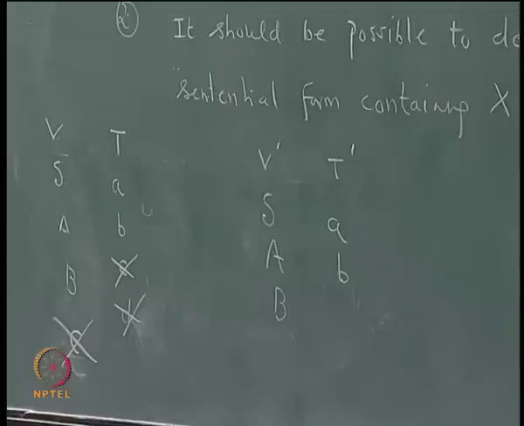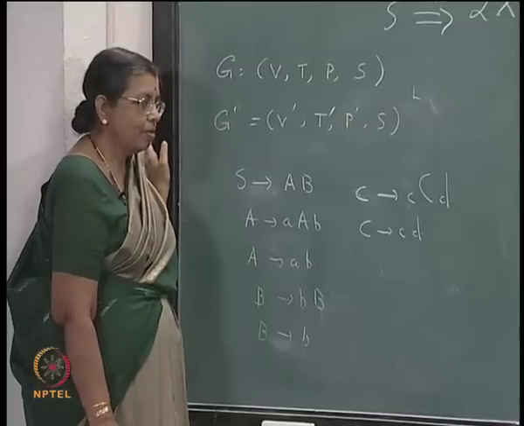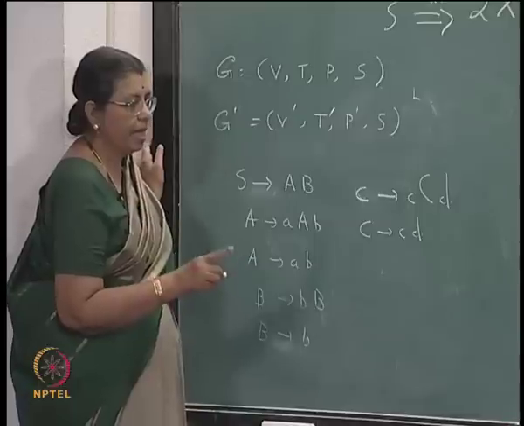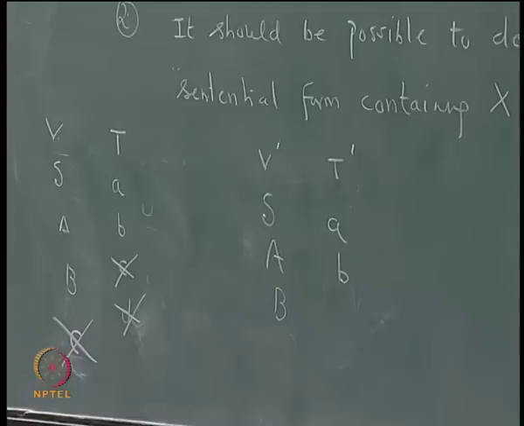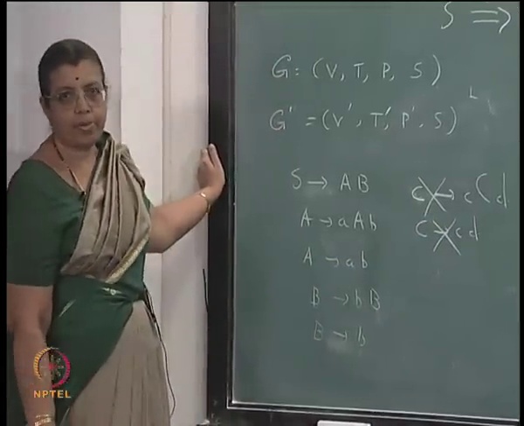The terminal symbols small c and small d are useless, and the capital C, which is a non-terminal, is useless. So, V dash will consist of only S, A, B, and terminal symbols are only a and b, and the productions involving C and c, d are removed.